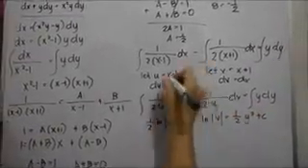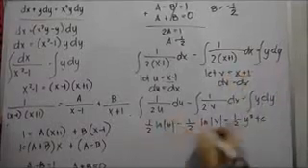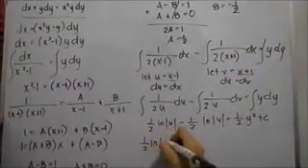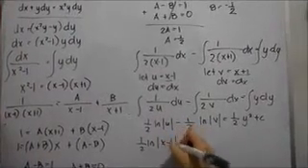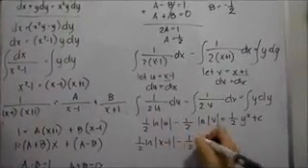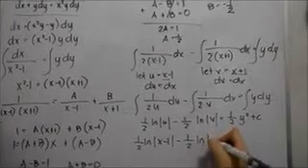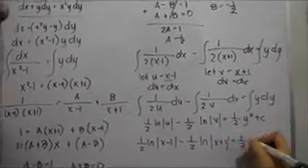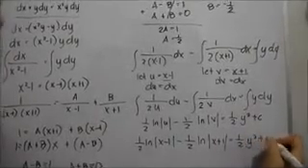And then substitute this to this equation. So 1 half ln (x minus 1) minus 1 half ln (x plus 1) equals 1 half y squared plus c.